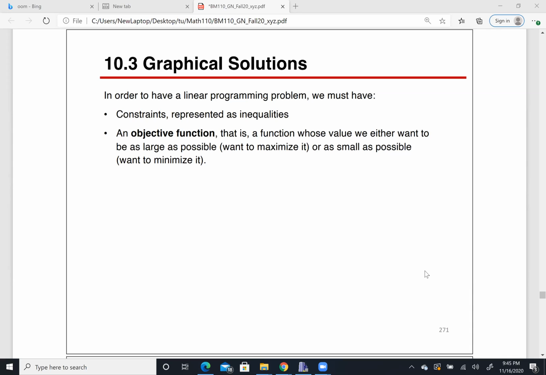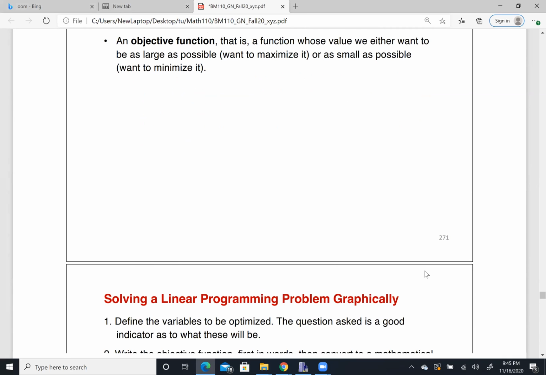Another thing is an objective function, that is a function whose value we either want to be as large as possible, or what we call maximize, or as small as possible. In other words, we want to minimize. Okay, so let's move to the next page.